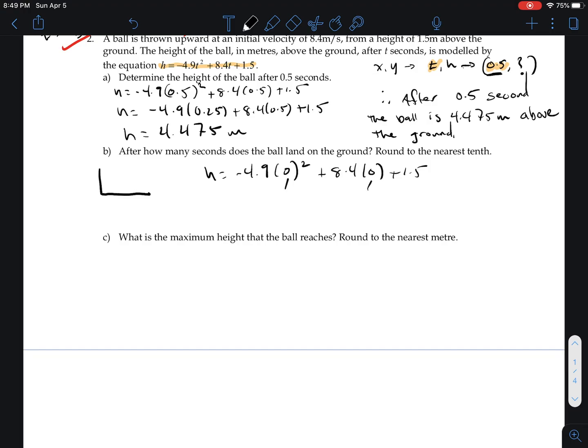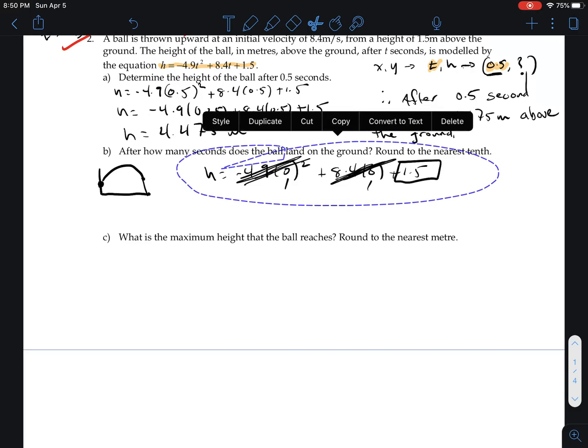It's 0 because before the ball gets thrown, the time is 0, right? So you can see that this cancels because 0 times all of that is 0, and this also cancels because 0. And it turns out that the height at which this particular ball was thrown was from 1.5 meters. So it did something like this, right? It came back down. That's going to be important after for interpreting the results, but just so long as we're aware of that, it should eliminate some confusion later.